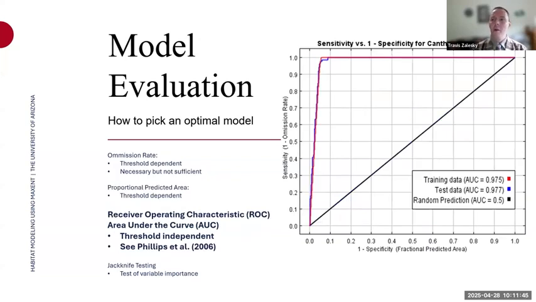So the number one test for MaxEnt model fitness is the receiver operating characteristic, area under the curve. The ROC is a complicated statistical test of model fitness, but basically it's just a probability function that instances are correctly classified by the model.